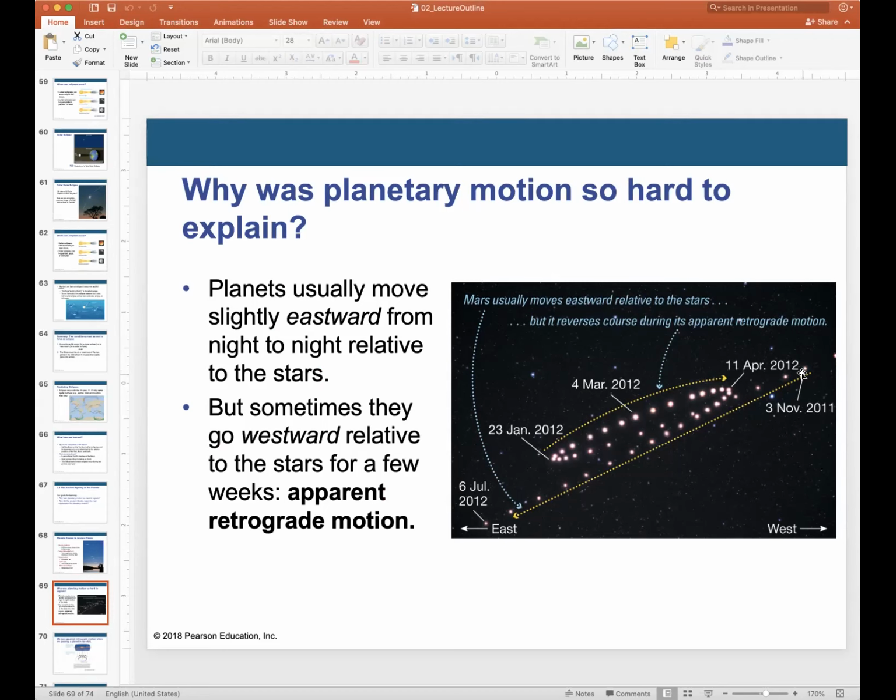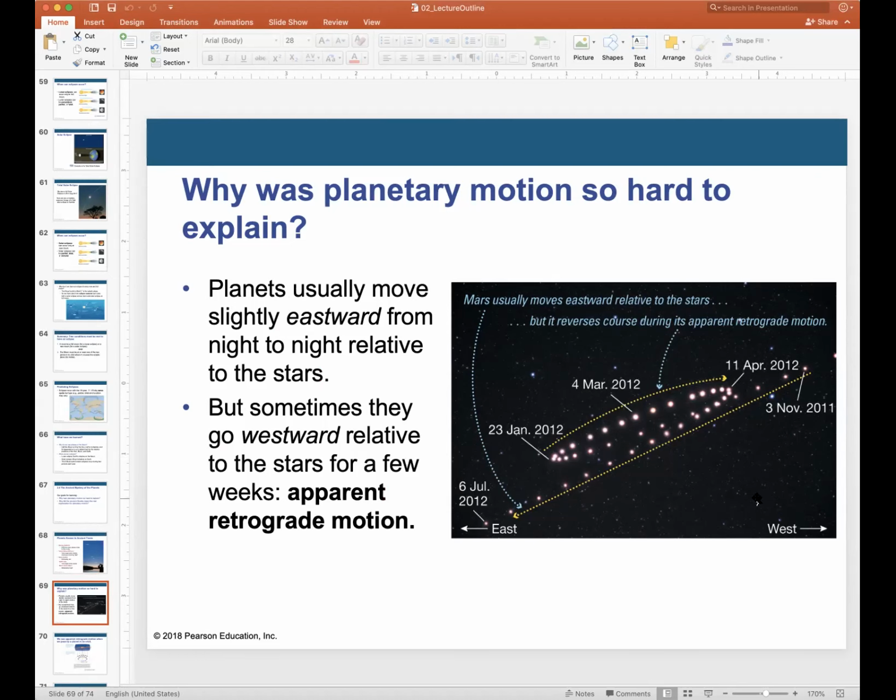It starts going towards the east, and it's getting here on January 23rd, 2012, but then it's going back: March 2012, April 2012. It's still going back towards the west, but it suddenly stops here and goes back towards the east. And July 2012 is where it's going towards the east again. So you have this weird type of motion in the night sky.